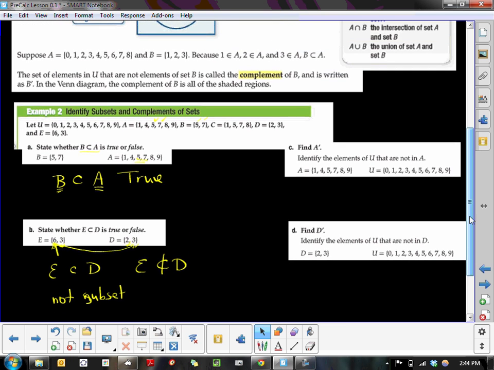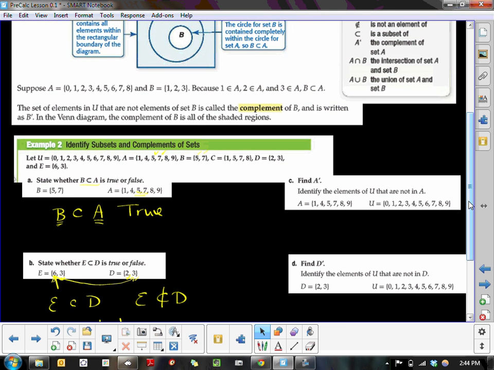Letter C. Find the complement of A. And remember this notation, A prime means everything that's in the universe but not in A. So we want everything in the universe that's not in A. So we want to eliminate anything that's in A. So get rid of the 1, get rid of the 4, get rid of the 5, get rid of the 7, get rid of the 8, get rid of the 9.